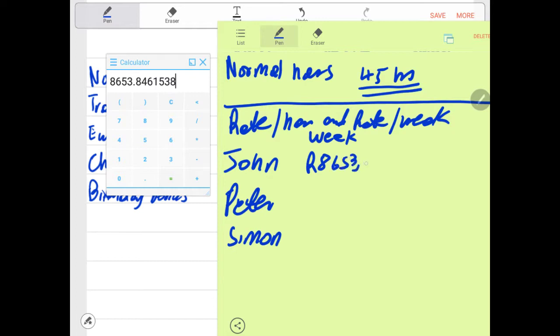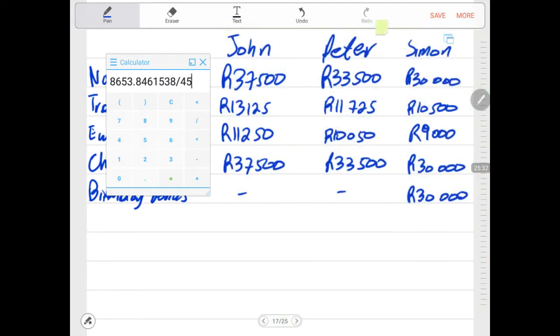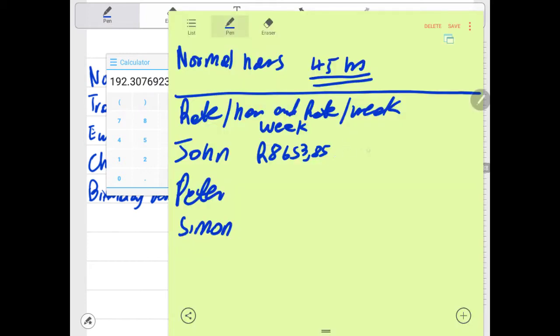and the salary per week will be 8,653 rand 85 cents. We divide this by 45 hours a week, then we get the rate per hour.